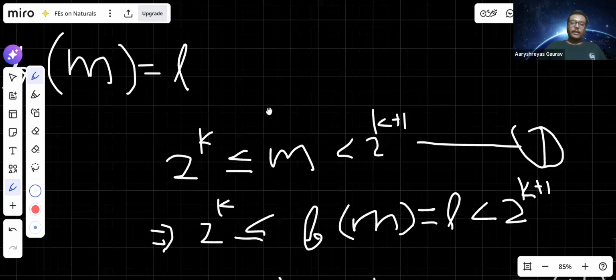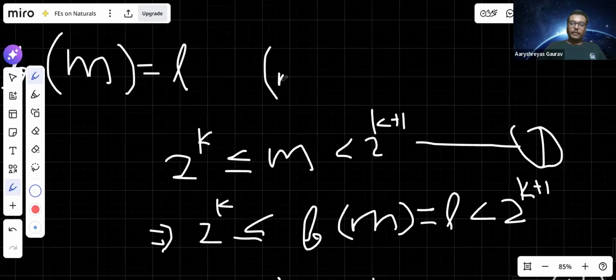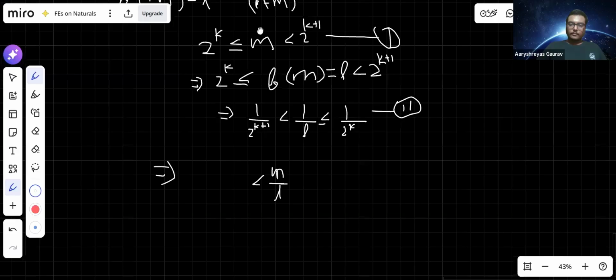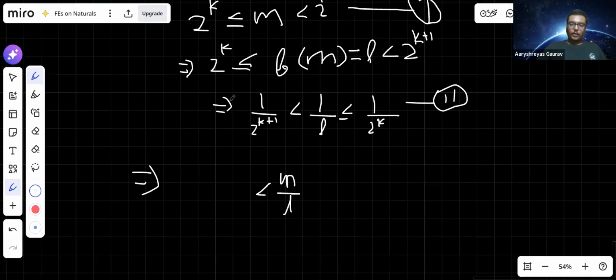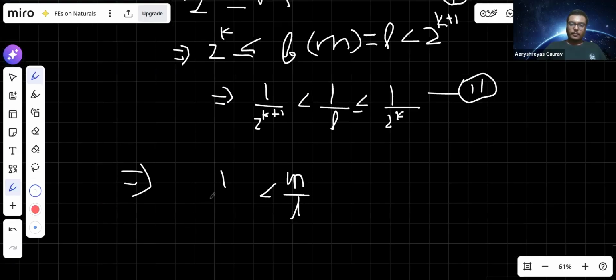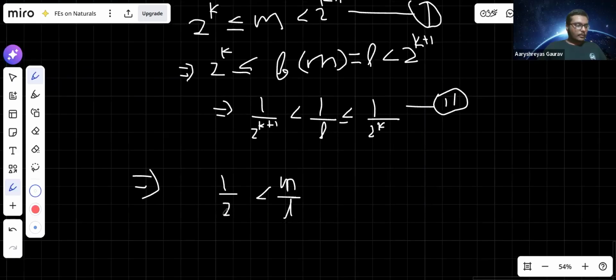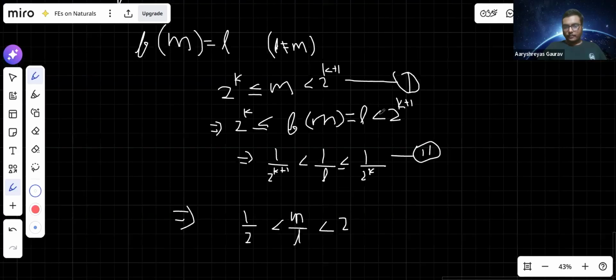Oh yeah, one more thing. I am assuming that m is not equal to L. This is our assumption for now. So what I will be ending up with is this thing.